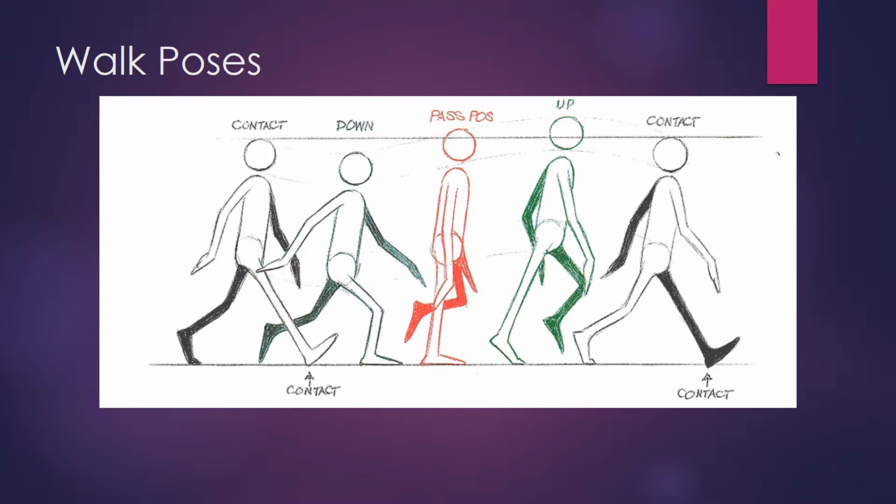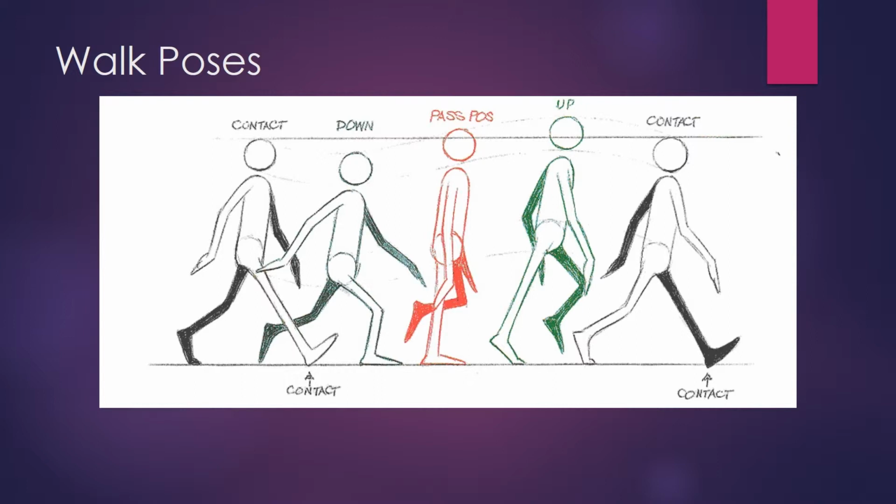You can see in the contact pose, the reason we call that the contact pose is because that's the first point at which your front foot contacts the ground. It's also one of the last few frames where your back foot is still contacting the ground as well. This isn't the highest point of the animation.